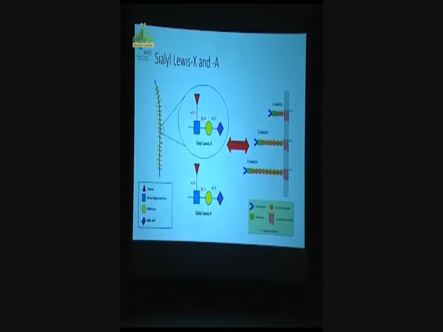And the difference between Sialyl Lewis X and Sialyl Lewis A is mainly the substitution on N-acetyl glucosamine on carbon 3 and carbon 4. So fucose and galactose are reversed on Sialyl Lewis A in comparison to Sialyl Lewis X.